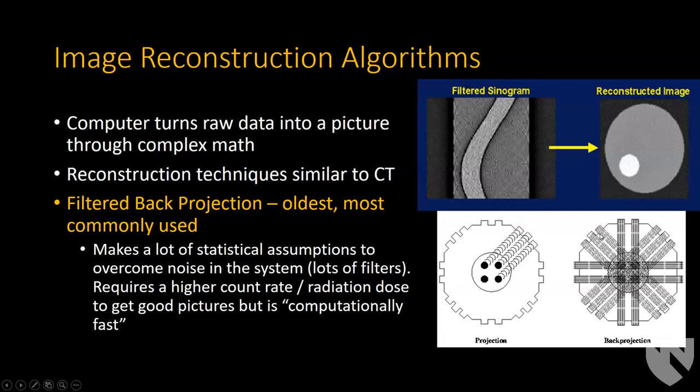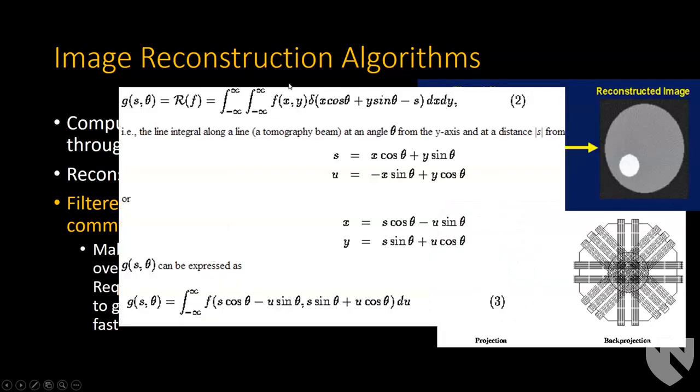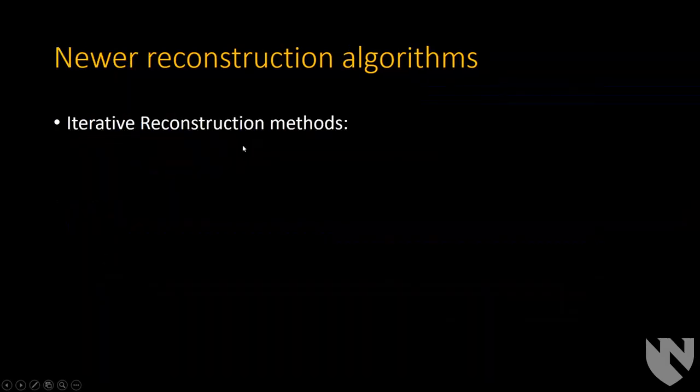Basically, you take a bunch of lines through the patient, and you calculate what it would have taken to create the images you got. I don't know that I'm describing that well, but it's the simplest mathematically and the fastest way to create a reconstructed image, but it has a lot of problems with noise and artifacts. So these are examples of what the math would look like that I don't think you need to know.